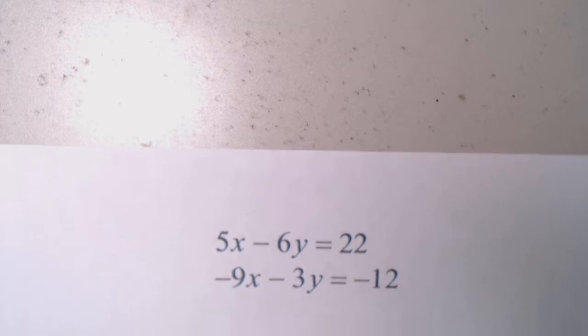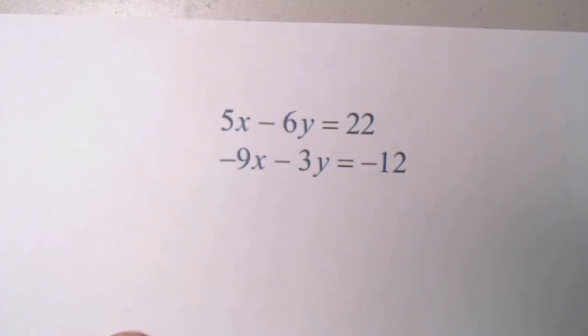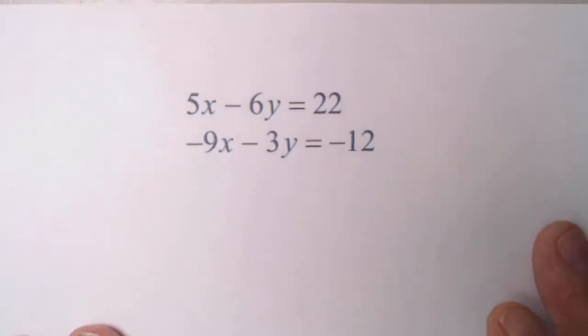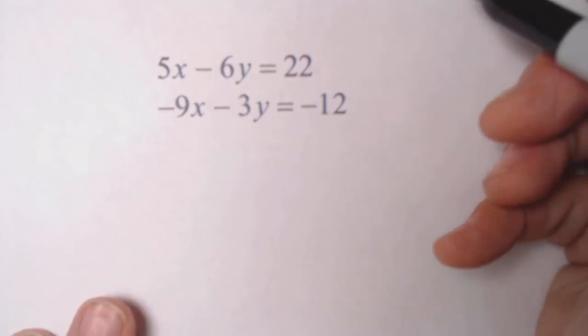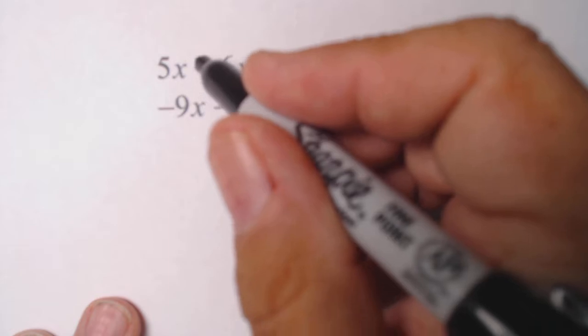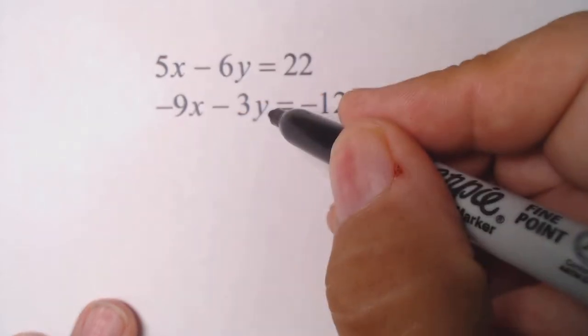Okay, well, the elimination method is designed to work with things that are a little bit messier. Let's see, we're still not too bad on this one. Okay, here we go. Notice, again, both these guys are in standard form.